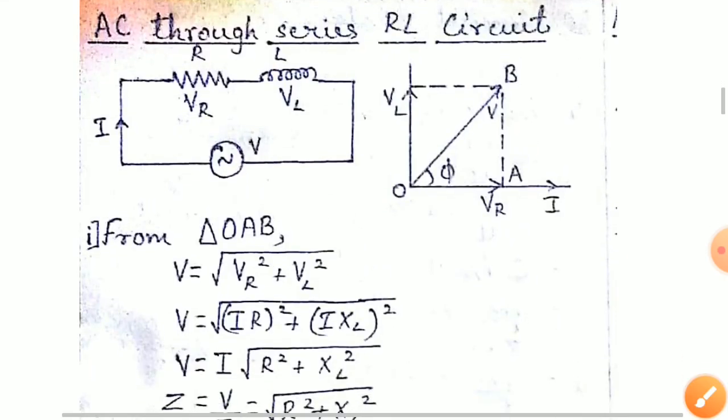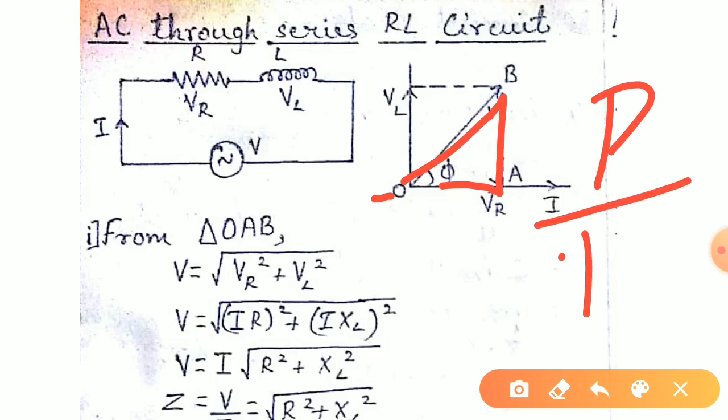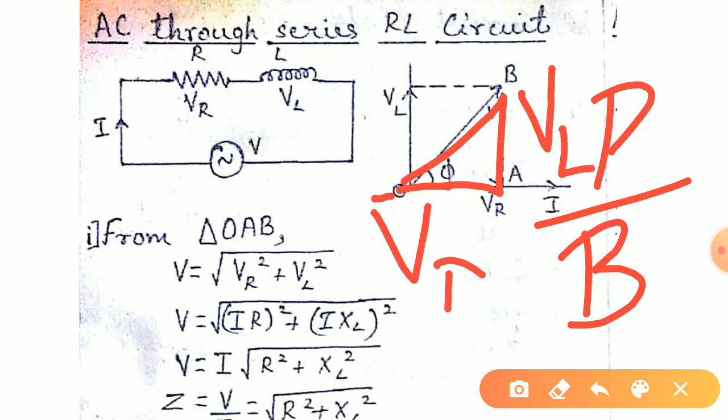Now if we need to find the phase angle, that is tan phi, from the given phasor diagram, we already have a right angle triangle with us. What is tan phi? Tan phi is perpendicular by base, and the perpendicular here is VL and the base is VR.